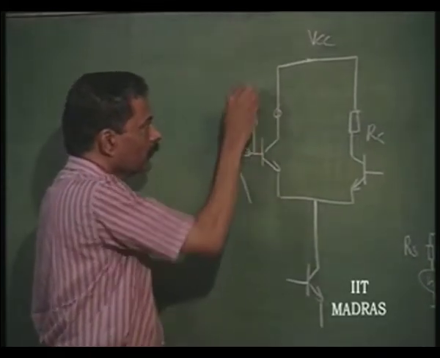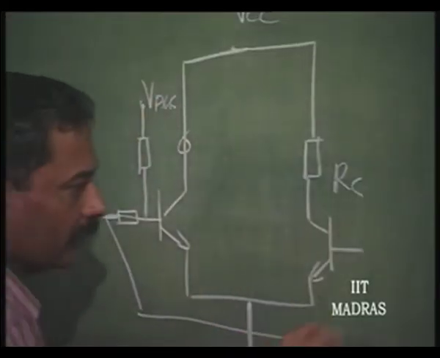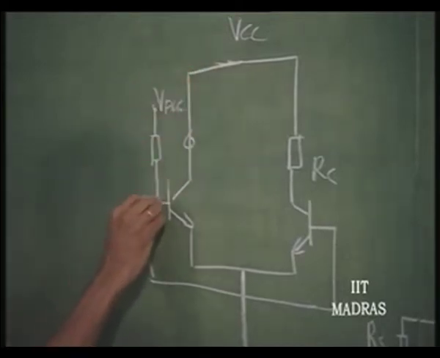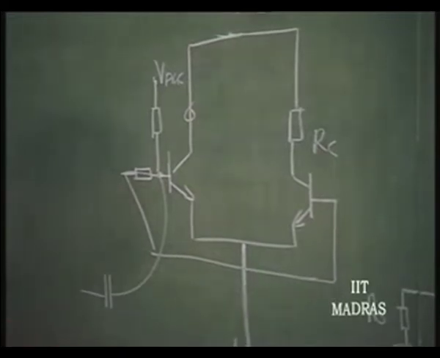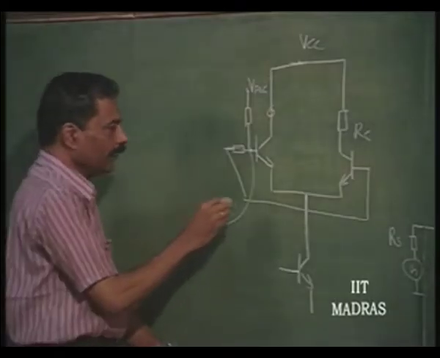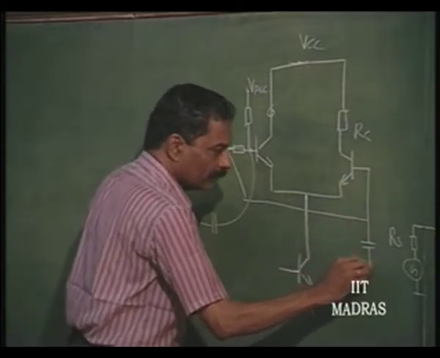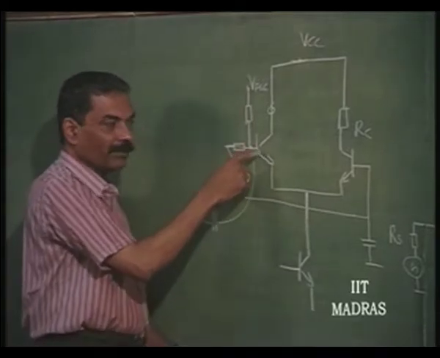All that you forget about. So you will now give the input at this point, and you will ground this point through a capacitor. So this is acting as common collector.